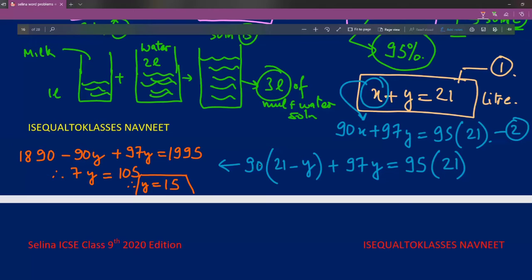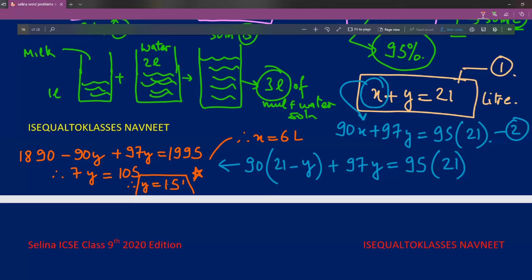Now see, this is how I have solved it. 90 into 21 is 1890, minus 90y plus 97y is equal to 1995. 7y is equal to 105. y is equal to 15. Once y is equal to 15, therefore x is equal to 6 liters.